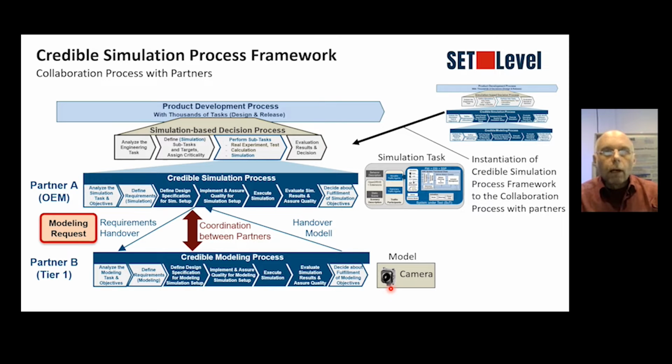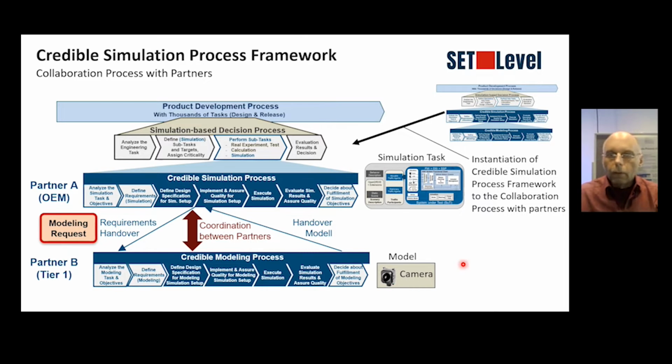Now to the main part of what we want to show here. An extremely important point is what it looks like when you are working together, not only within your company, but with external partners. Here is a very simple example: partner A, an OEM, wants to develop an automated driving function which uses a camera signal.